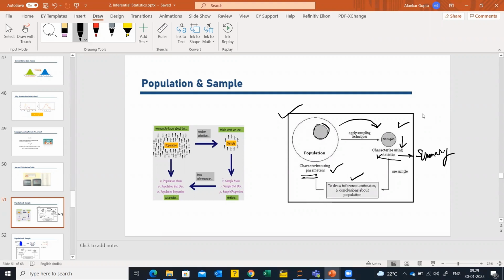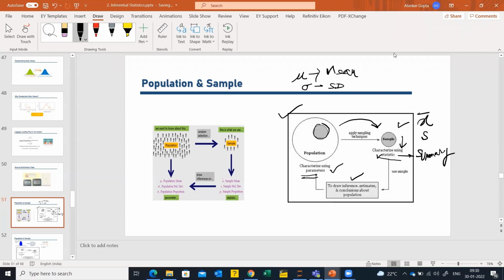Now, to understand one more thing, there are two major parameters we will look into. One is the mean, and the other is the standard deviation. When we have a statistic, we make sure that we are dealing with the sample data and it is shown by X bar and S. So for a sample, we always showcase this by X bar and S, right?